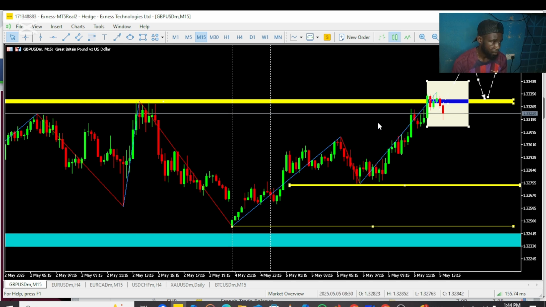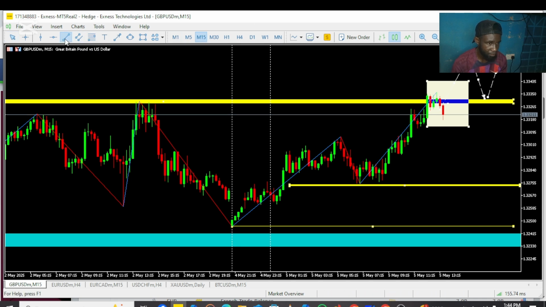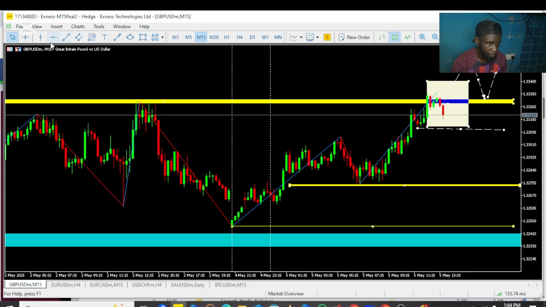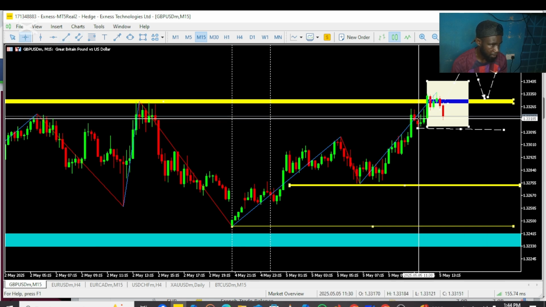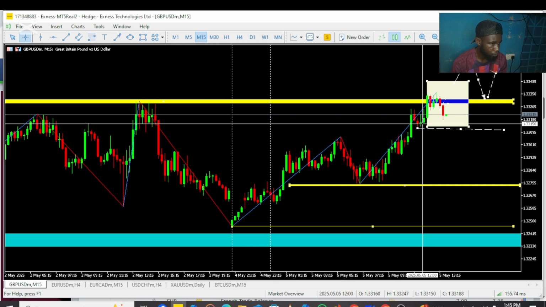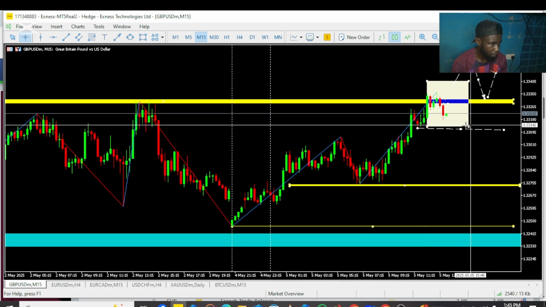Right now you can see the market is pushing back to test this zone, this support zone over here.